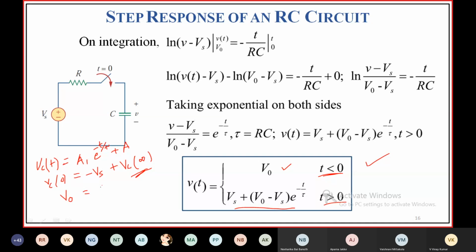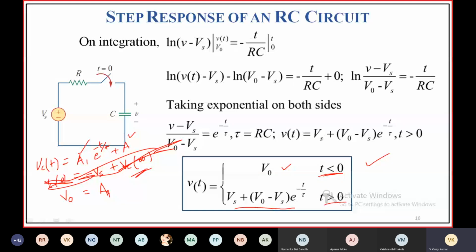Now what will be A1? Actually we have to get A1 and A. You already know Vc of infinity, right?